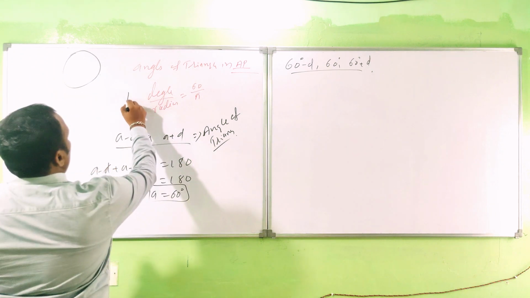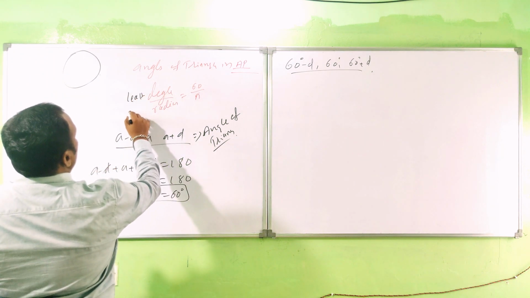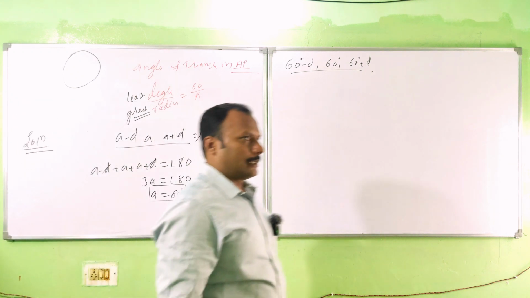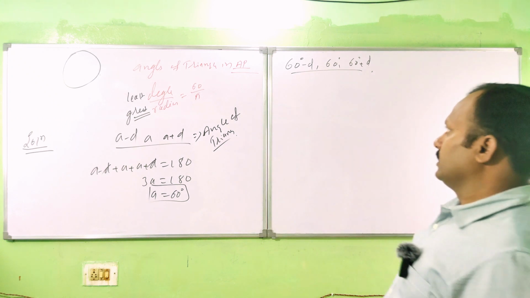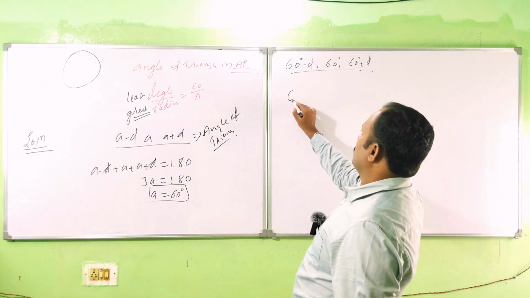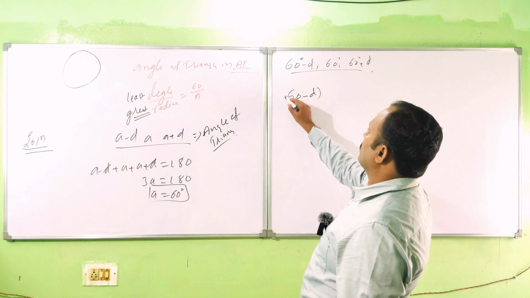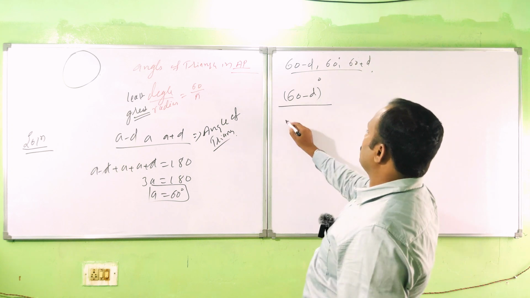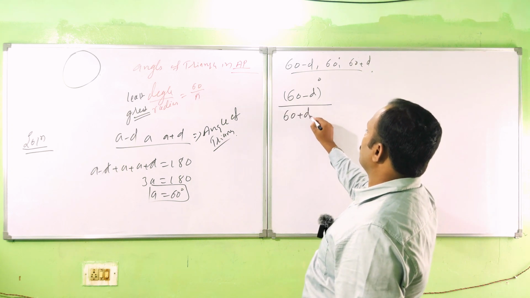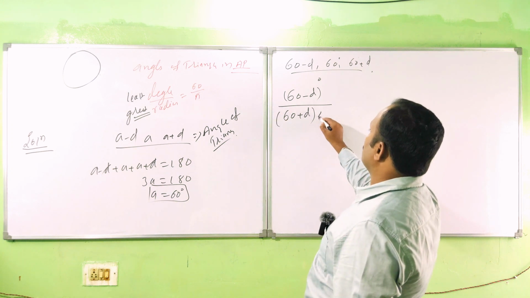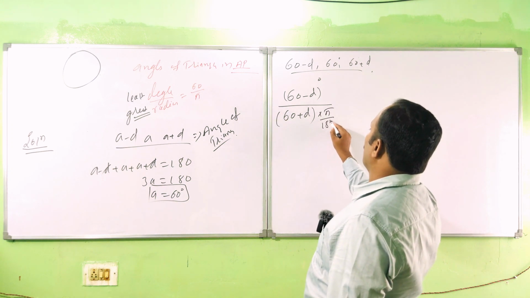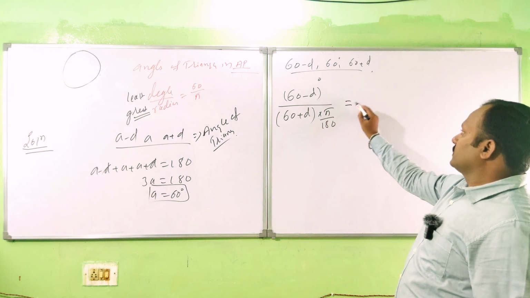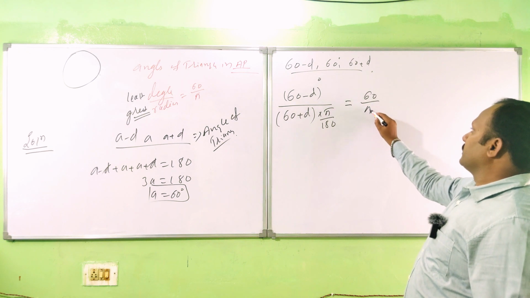The least angle is in degree and the greatest angle is in radian. So I take 60 minus D as the degree, divided by the greatest angle in radian. How to write the greatest angle in radian? Multiply by pi by 180, and this becomes 60 divided by pi.